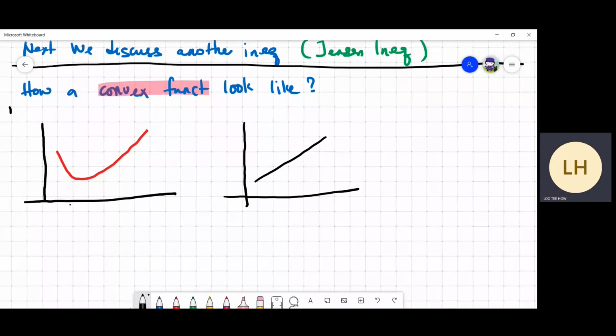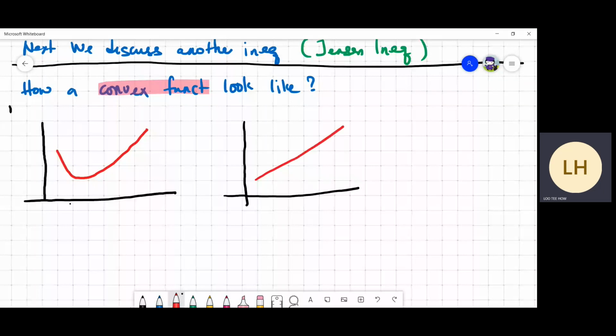This is the convex function. The idea will be like this. A convex function is a function having this property: you simply pick 2 points.